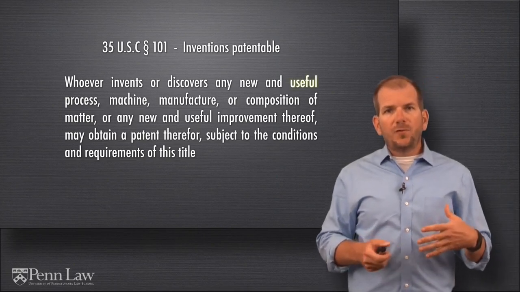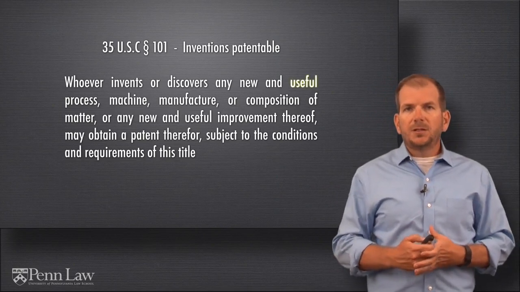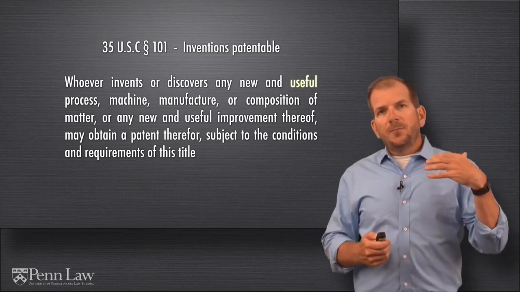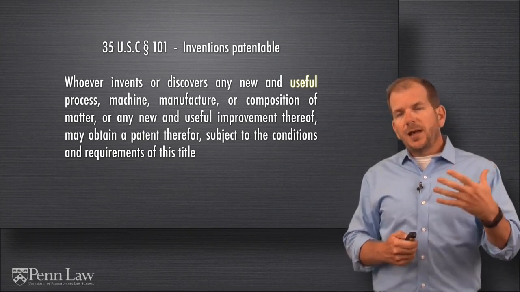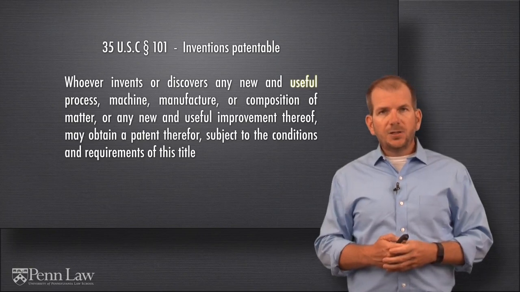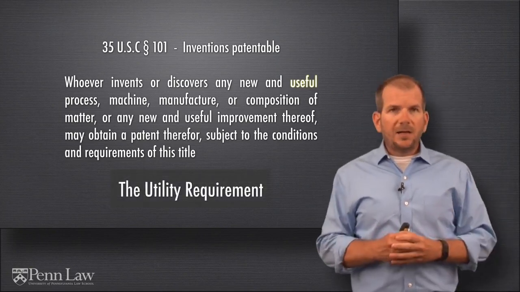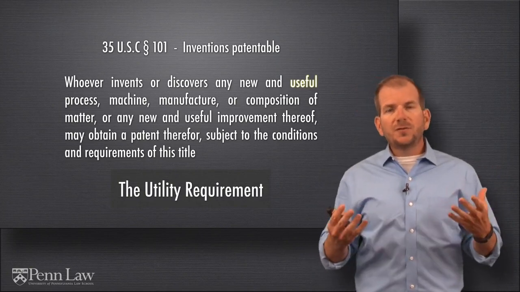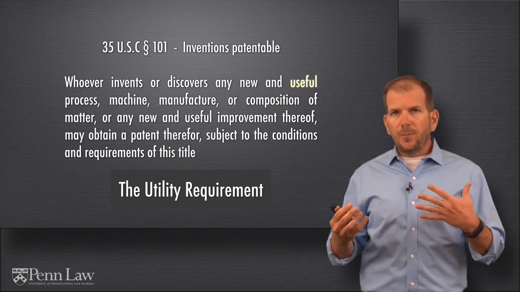The other thing to note from Section 101 is that there are really two separate requirements. The first one, and the one we won't really cover in this course, is the one indicated in the word useful, a new and useful process and so forth. And that's the utility requirement. There is a requirement in the patent law that all inventions be useful. That requirement is not a particularly stringent requirement.